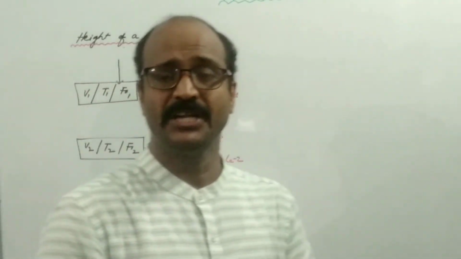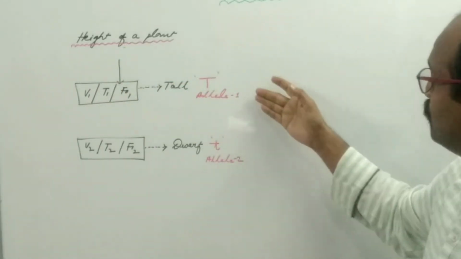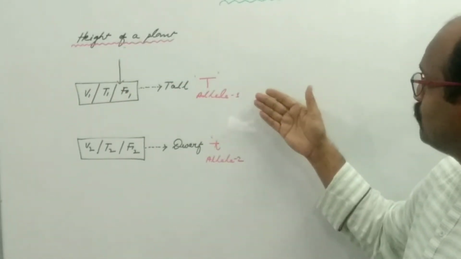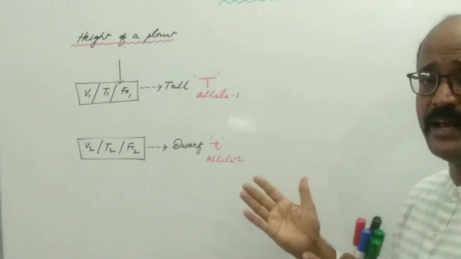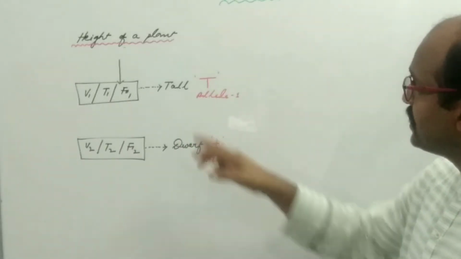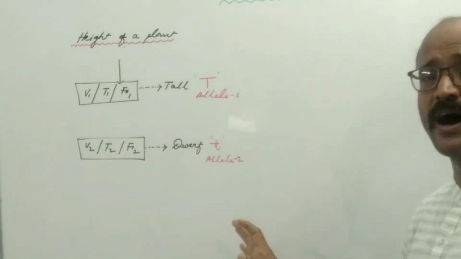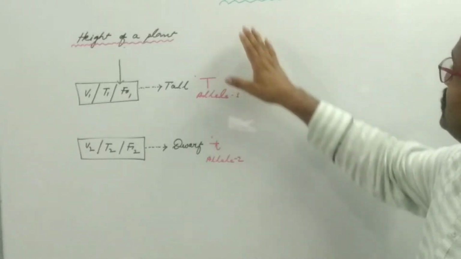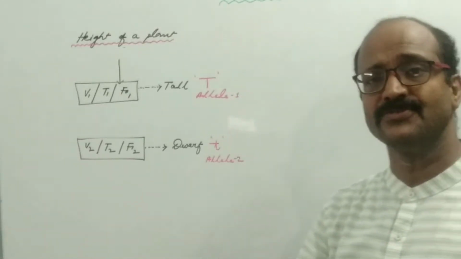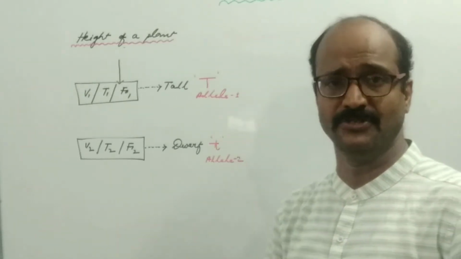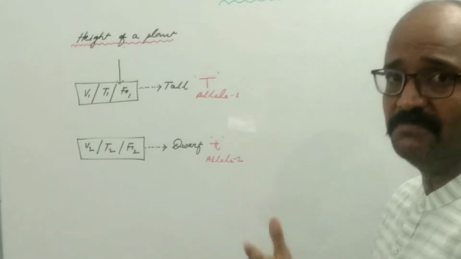After Mendel, it was observed that each gene may have more than two forms, or more than three forms. All these forms are known as alleles. If one gene has more than two or three alleles, it is known as multiple alleles. And the inheritance of multiple alleles is known as multiple allelism.